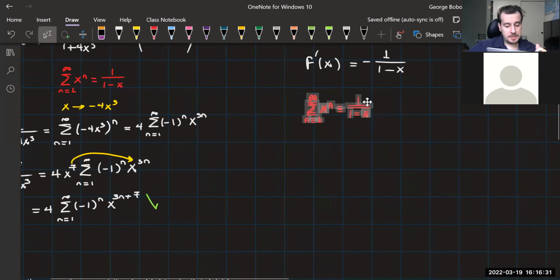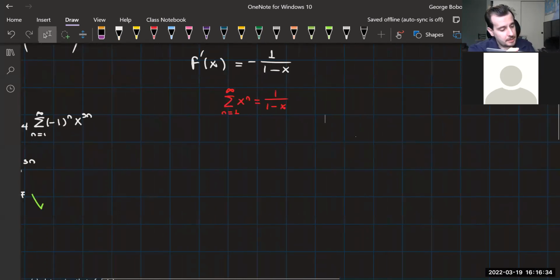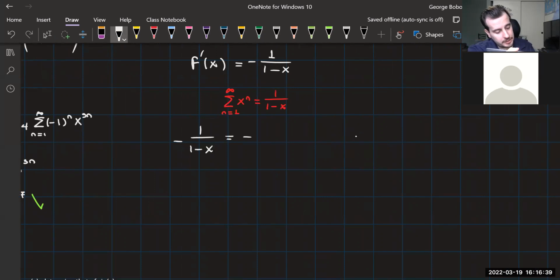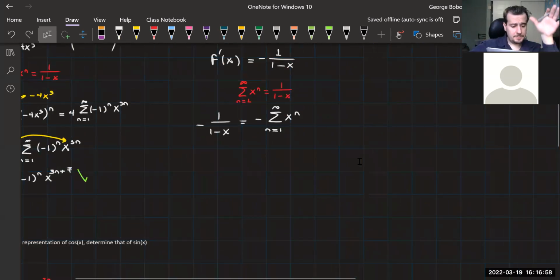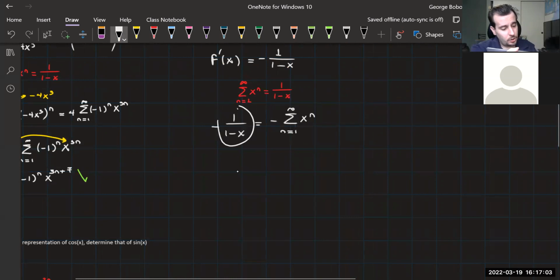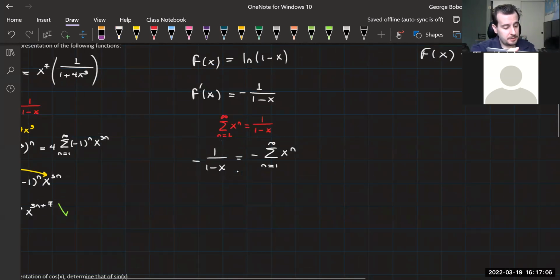So we take this guy and we go, all right, -1 over 1 minus x corresponds to literally having the negative of the series. And you'll see that negative right now, I'm not putting it in the series. That's not going to make the series alternating. We literally multiply here both sides by -1. And that's it. So I'm not there yet. I'm not there yet because let's think about this. That is not ln of 1 minus x, right? That's definitely not that.